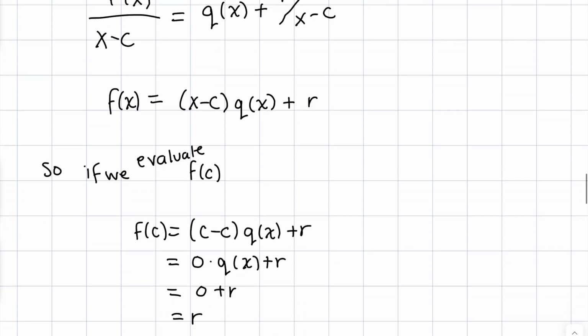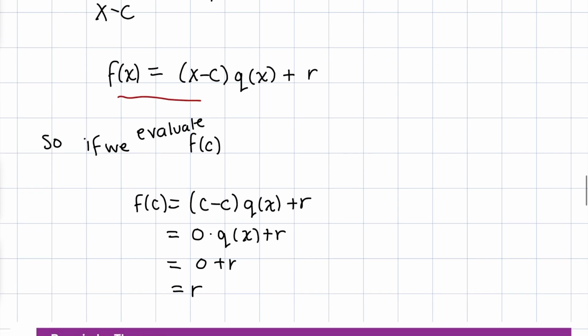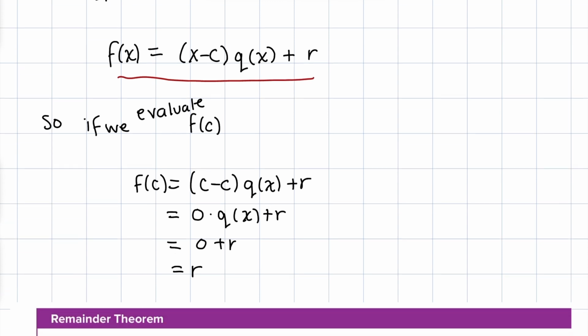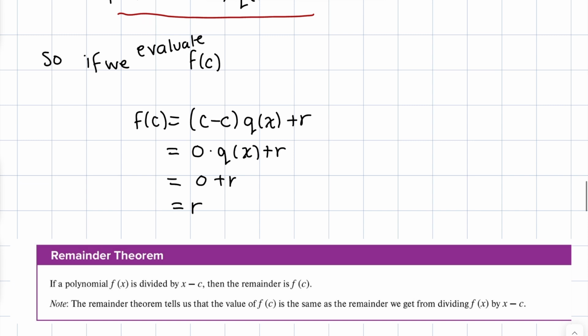Now, f of x is going to make up that factor times something else plus the remainder. And if you evaluate it at f of c, the c's are going to cancel out. So c minus c times q of x plus r, that's 0, and you're left with r.